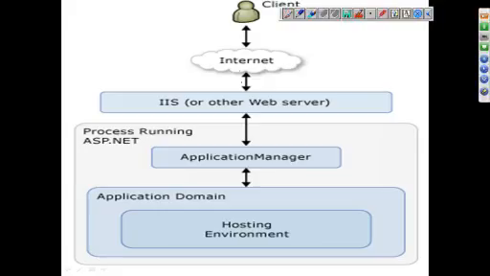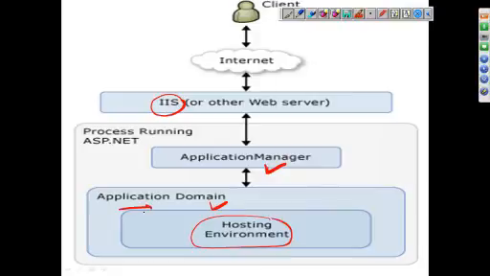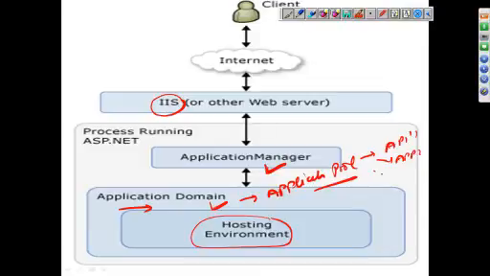So you can see your request comes to IIS, the application manager starts, then the application domain and hosting environment. The application domain is like an application pool. On one web server you can have multiple applications running: application 1, application 2, application 3.